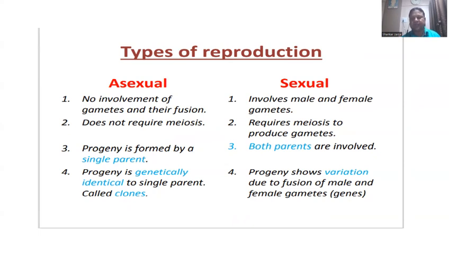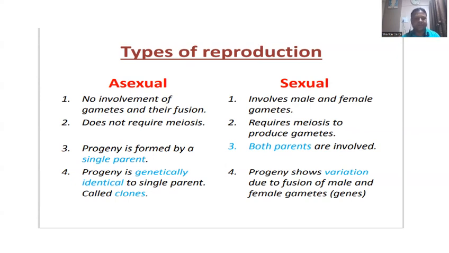While in sexual reproduction, two partners are required, involving male and female gametes and fusion of male and female gametes to form a zygote. So in sexual reproduction, two parents are required, while in asexual, a single parent, uniparental.